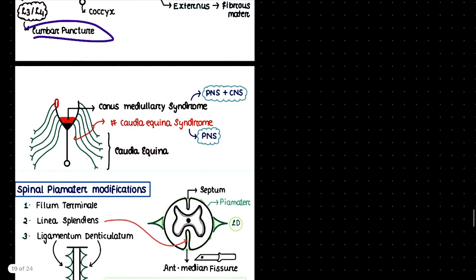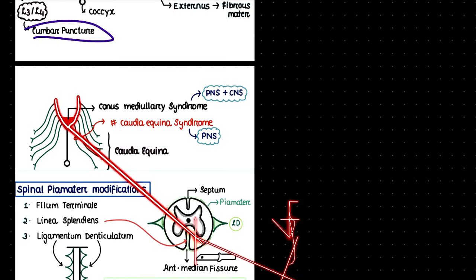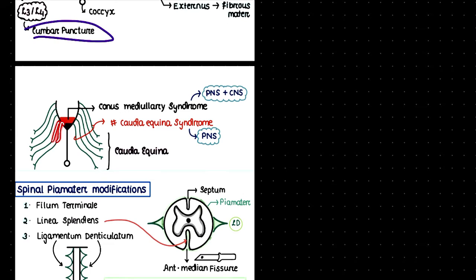Why? Because obviously the spinal cord does not extend that far down the vertebral column. So eventually all the nerves that are supposed to pass below the L2 level will pass from this region only.